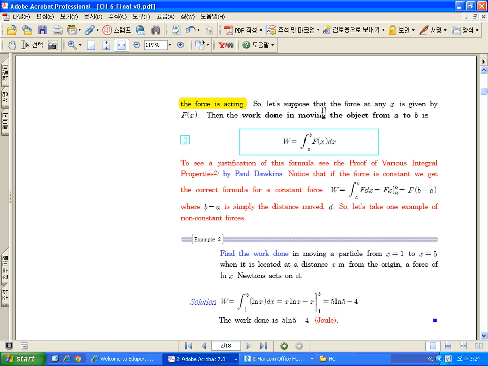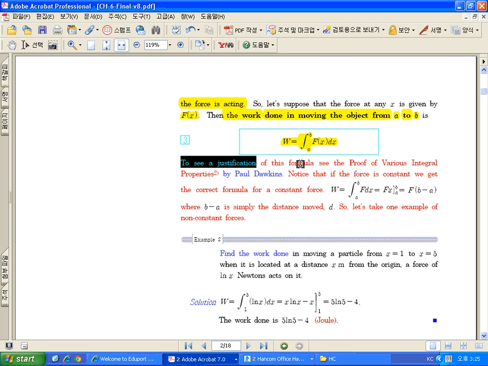So, let's suppose that the force at any x is given by f of x. Then the work done in moving the object from a to b can be found with this definite integral. W is equal to the integral from a to b of f of x dx.